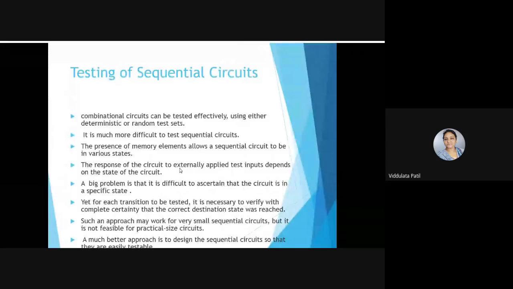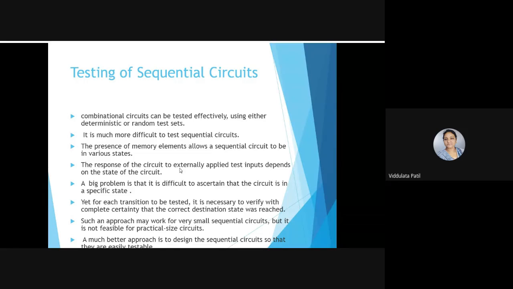Even though we are considering each transition of the sequential circuit to be tested, it is necessary to verify with complete certainty that the correct destination state was reached.